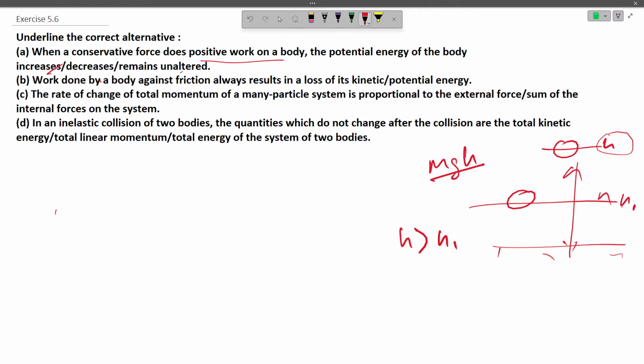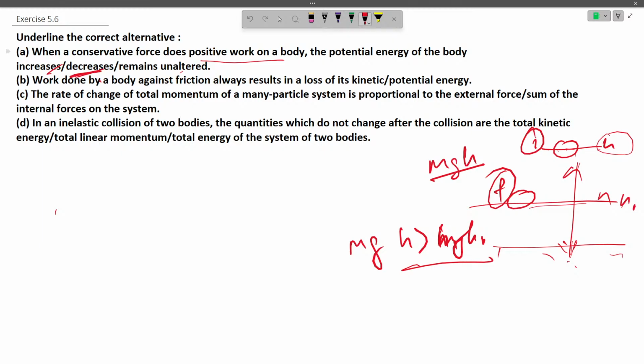Now the question said that when a conservative force does positive work, that is when the ball is brought from height h to h1, the work done by the conservative force, that is the gravitational force, should be positive. The initial case is this and the final case is this. The potential energy of the body increases or decreases or remains unaltered? We can easily see that mgh is going to be higher than mgh1. So potential energy has decreased. So this would be the correct answer.